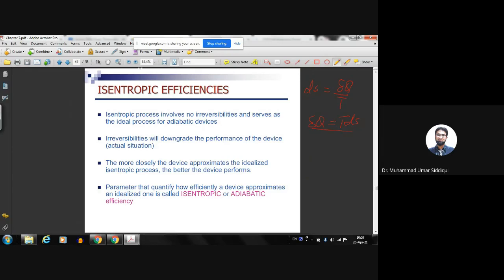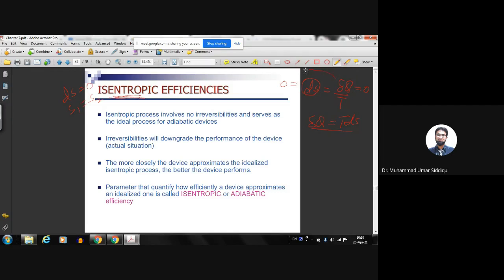However, if we say that the process is isentropic, it means entropy is constant, dS is 0, S1 is equal to S2. If this is the case, the only possibility that dS is 0 is when delQ is 0. And whenever we have a process in which there is no heat transfer to and from the system, that kind of process is known as an adiabatic process.